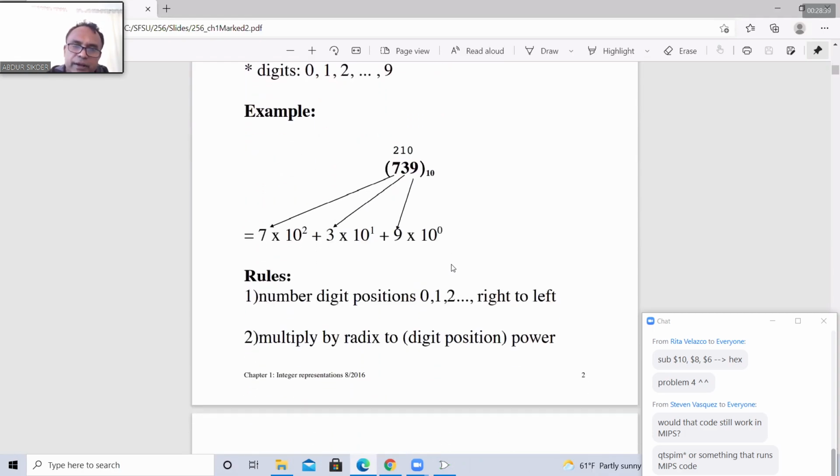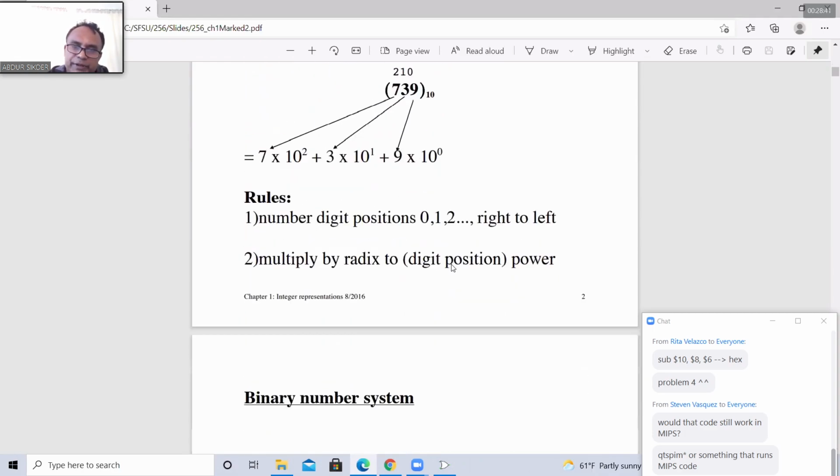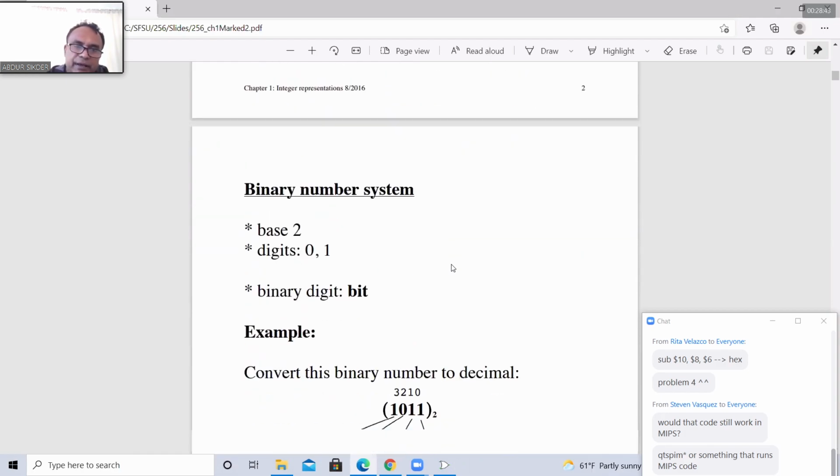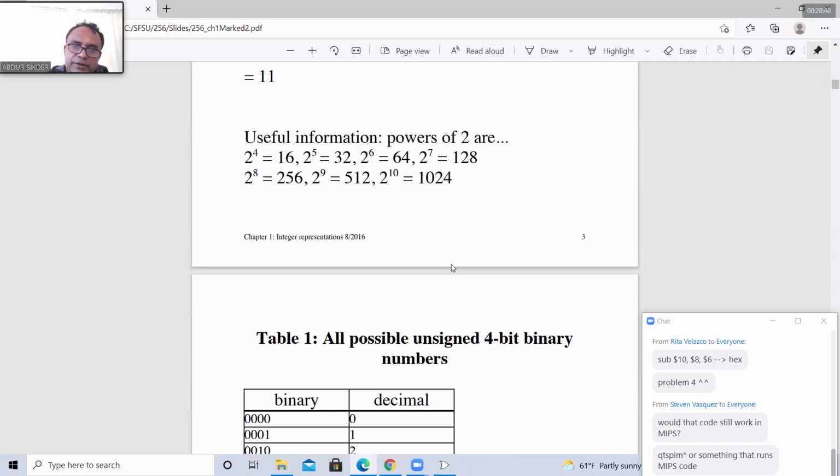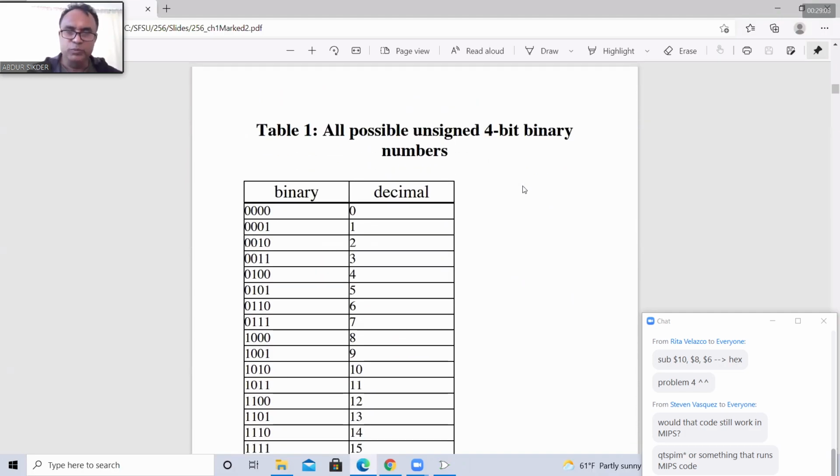And binary to decimal is simpler if you use a chart. You can create a chart like this: 1, 2, 4, 8, 16, 32, 64, 128, 256, 512, 1024, 2 to the power 10, if you need that long table.